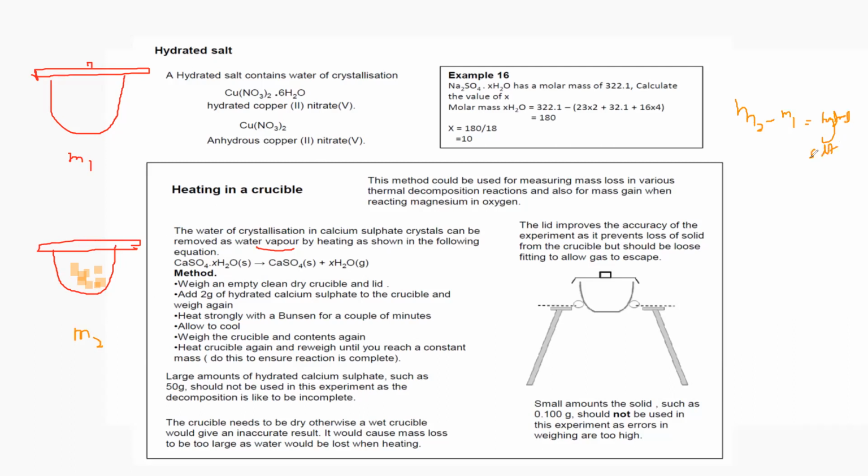So we get the mass of hydrated salt. Then we supply the heat energy. When we supply the heat energy, this salt starts to lose its water of crystallization.